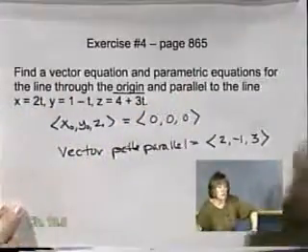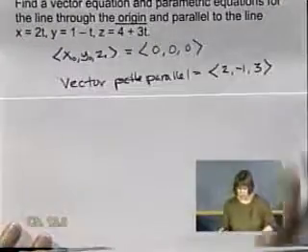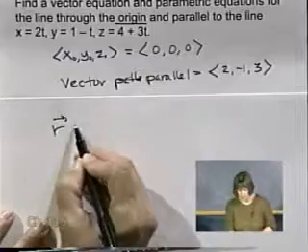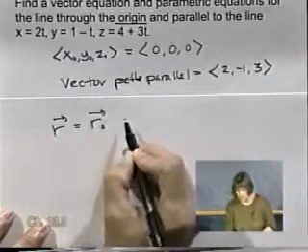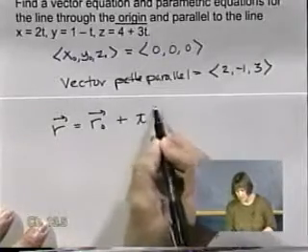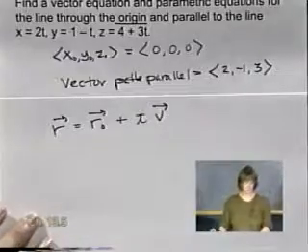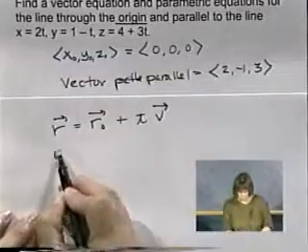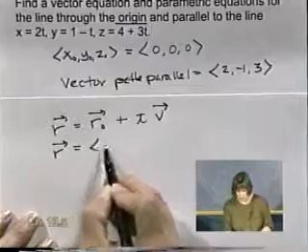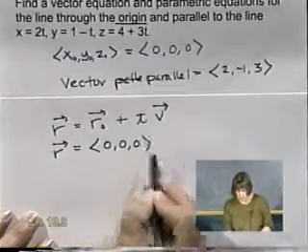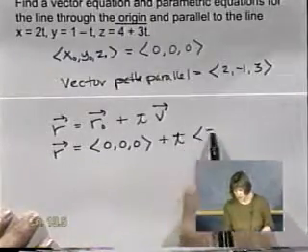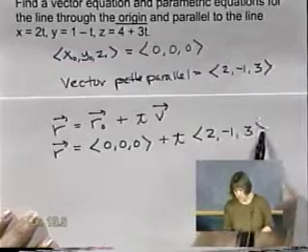I guess I'll do vector equation first because they asked that first, right? So for vector equation, it goes r equals initial point plus t times my vector. So r is equal to, initial point is <0, 0, 0>, plus t times the parallel vector <2, -1, 3>.